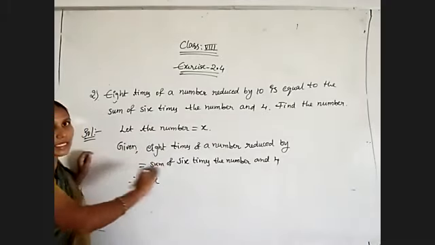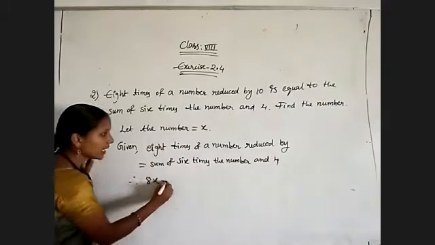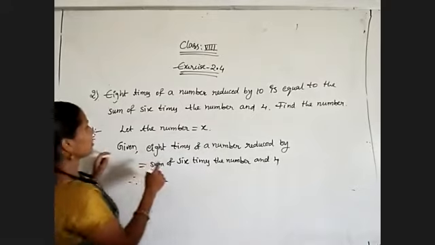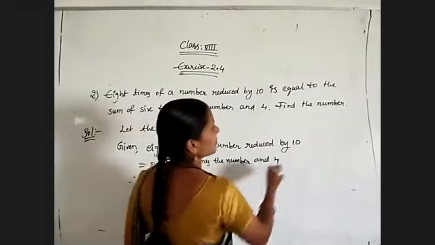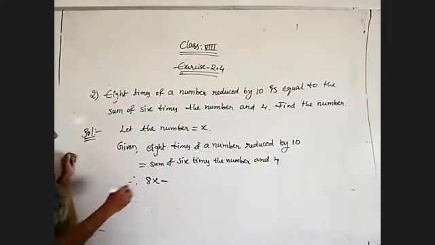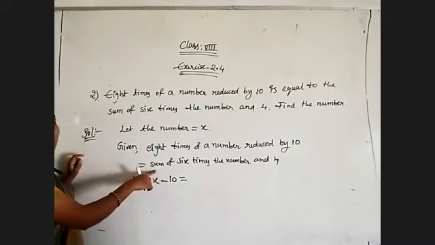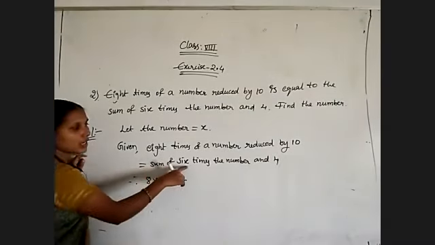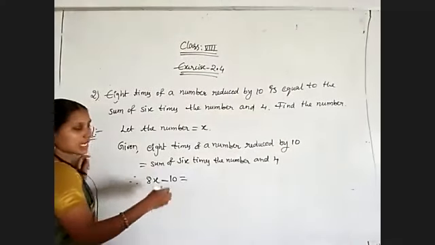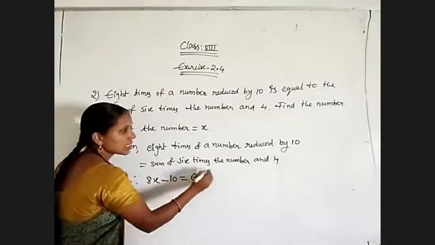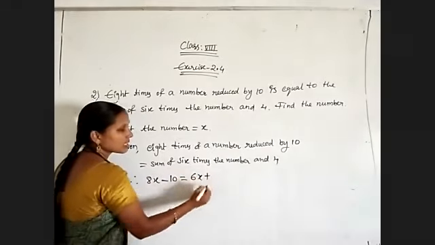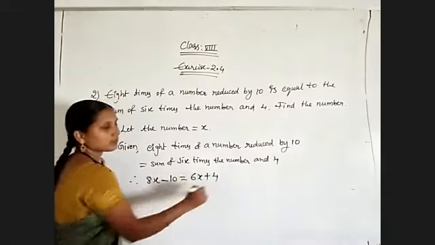Reduced means it is decreasing, that means minus by how much? By 10. So that is by 10 is equal to sum, in the sense plus, of 6 times the number. 6 times the number is 6x. Sum in the sense plus 6x plus 4.